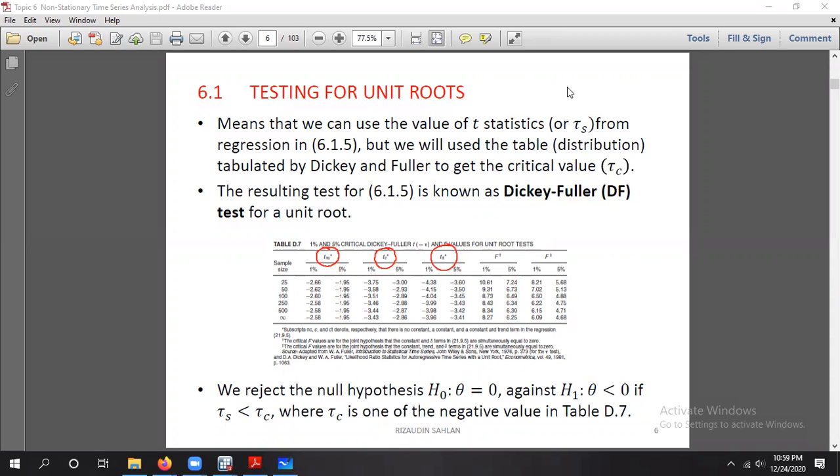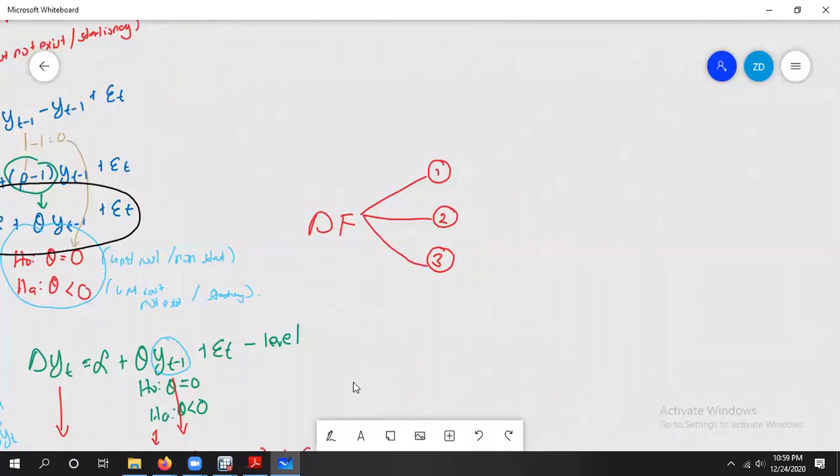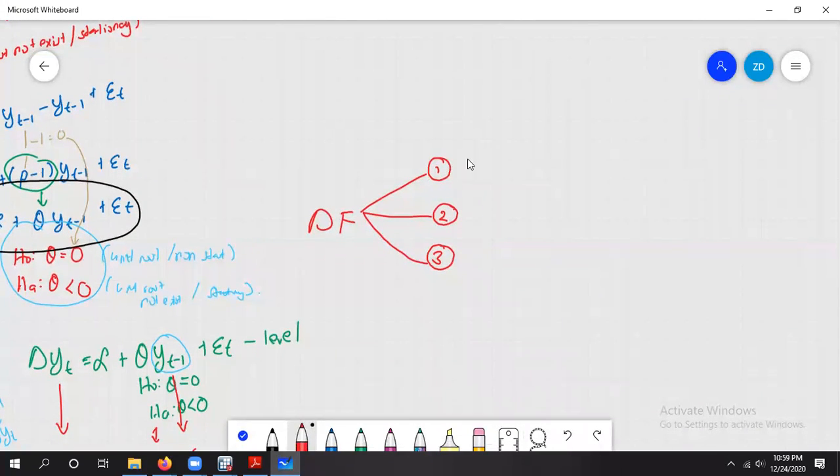So what's the form of the equation for these three types of the Dickey-Fuller? For the without intercept, our equation for the unit root test becomes something like this.